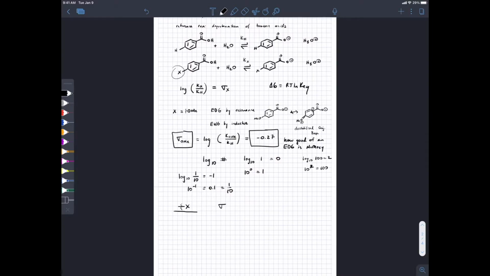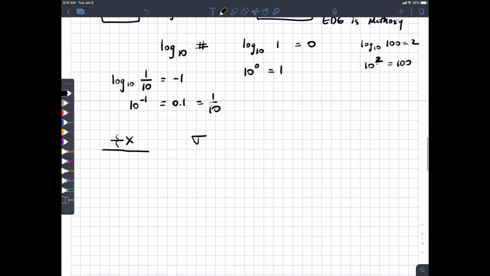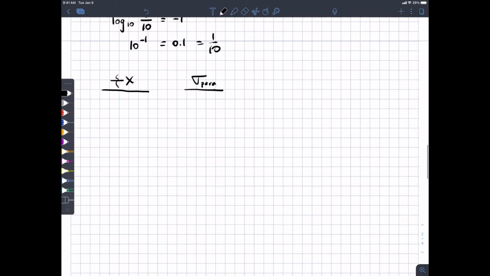And we can talk about why you'd expect the numbers to be different for para versus meta substituents. But at this point, I'm just going to indicate para here so that we know where X was. I already told you that for the substituent of methoxy, our number was negative 0.27.